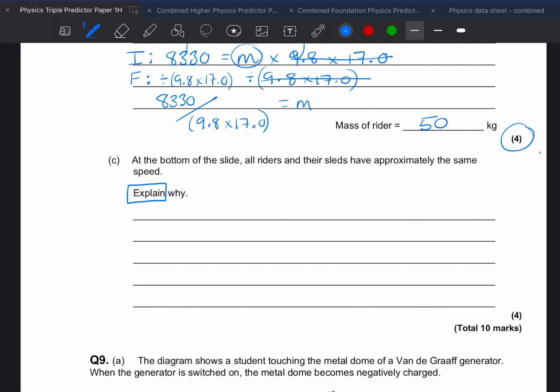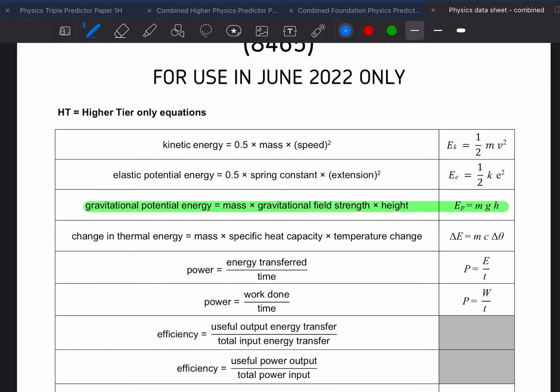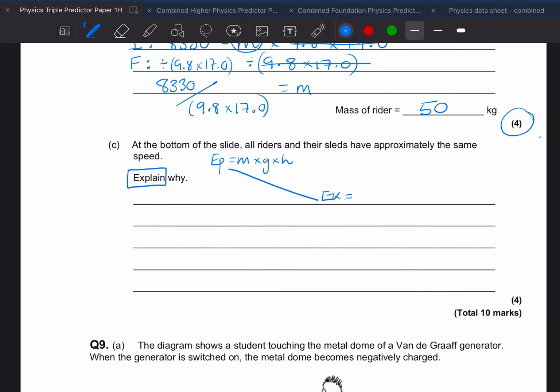So at the top of the slide, and I'll draw a little diagram, we're talking about potential energy, and at the bottom, we're talking about kinetic energy. So potential energy equals mass times gravity times height, and at the bottom, we've got kinetic energy, which is half times mass times velocity squared.